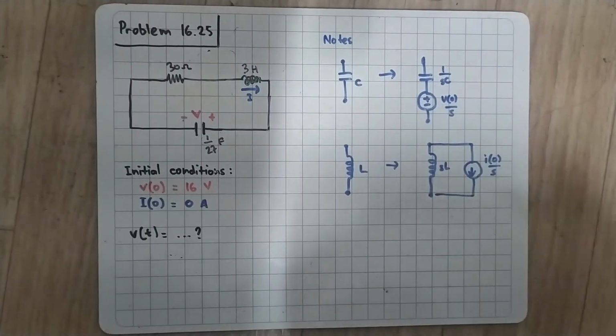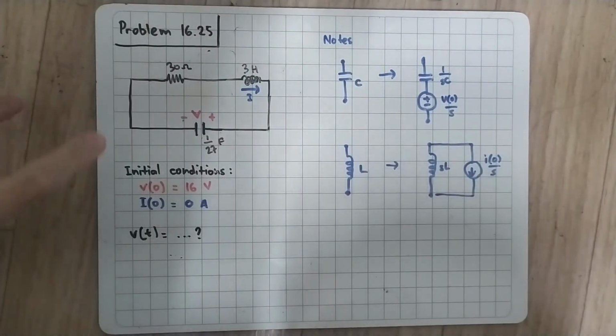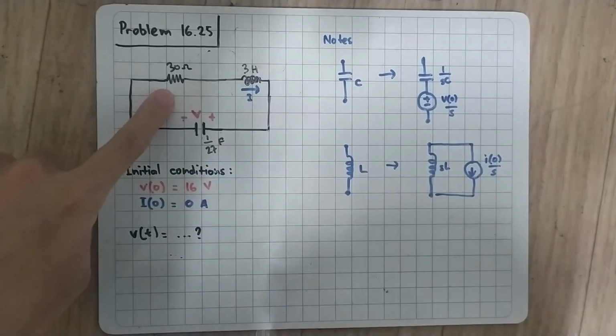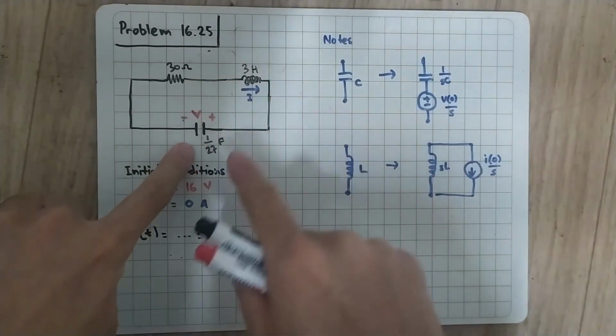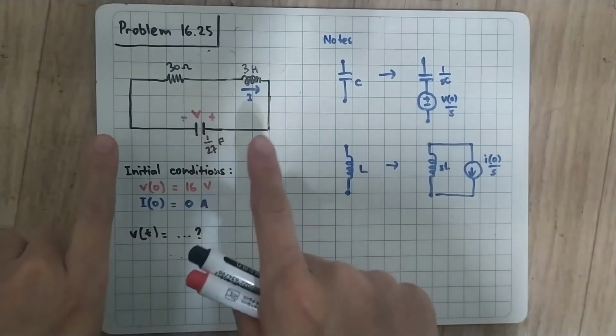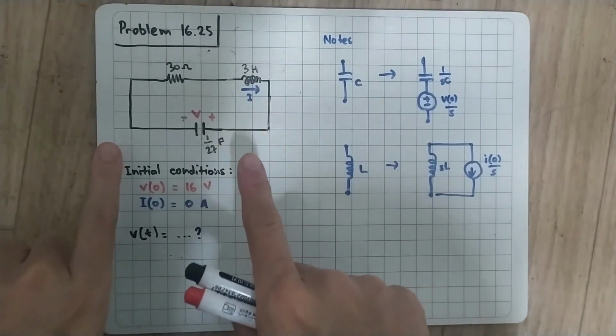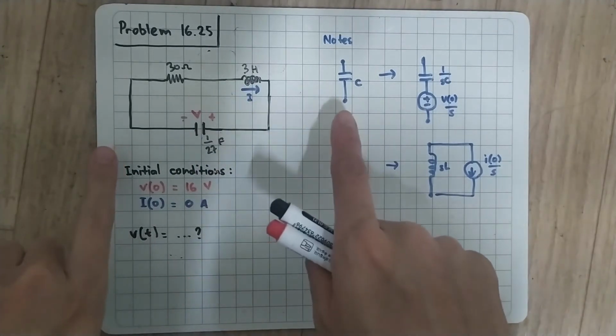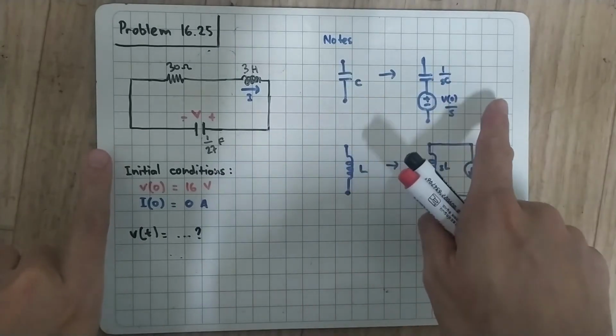And let me get into the point. Okay, as explained before, our circuit will be simplified into this series RLC circuit. So we'll have 30 ohm here, 3 Henry here, and 1 over 27 Farad here. And to do analysis using Laplace transform, we need to transform the component into its counterpart in frequency domain.